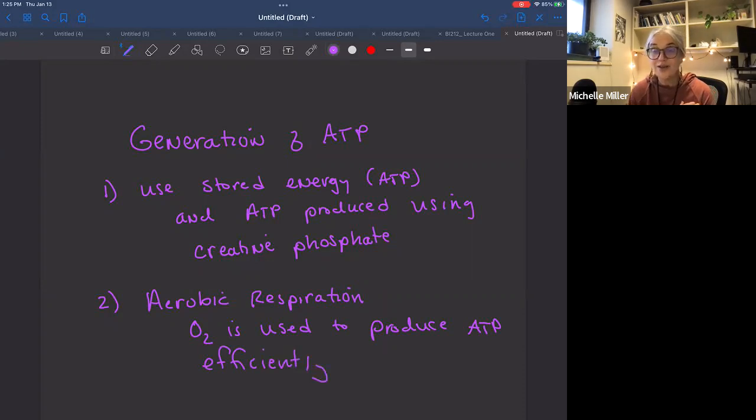So that is for long-term, like aerobic exercises, being able to talk while you're doing the exercise, right? So we can breathe, we can get oxygen, we can replenish our ATP stores.